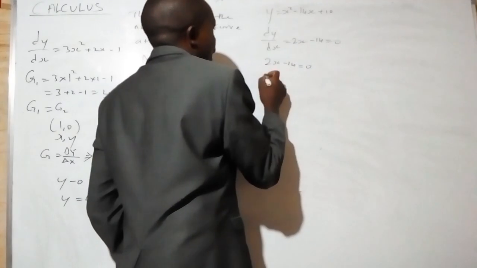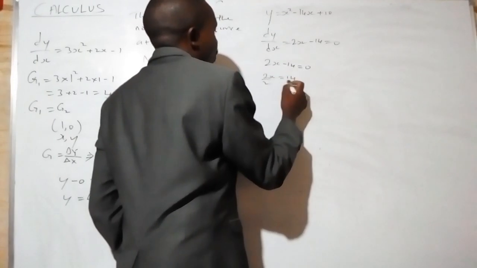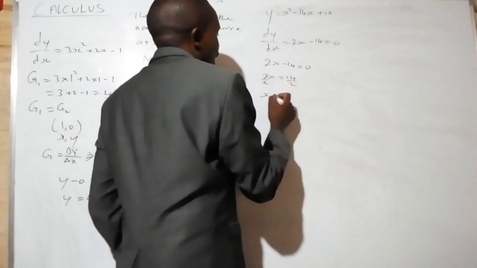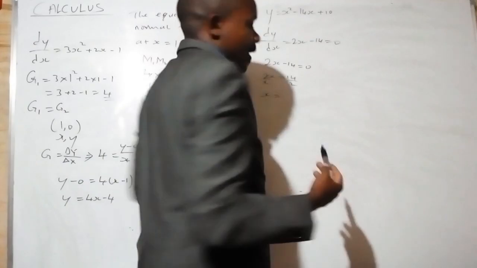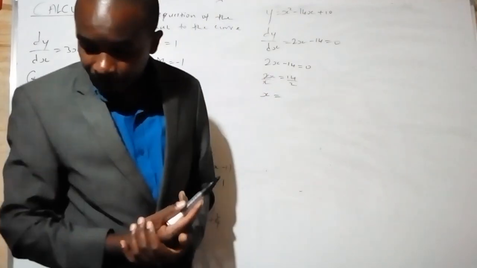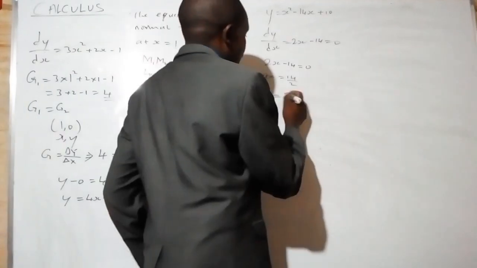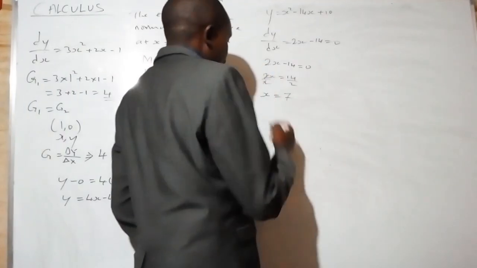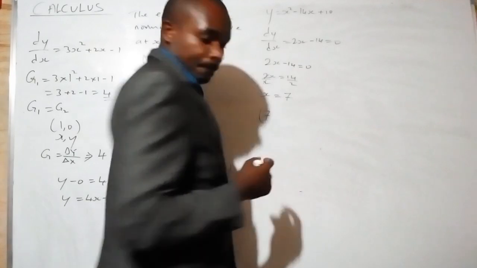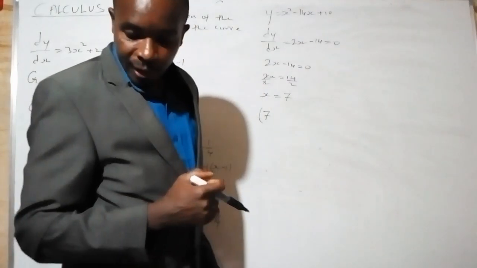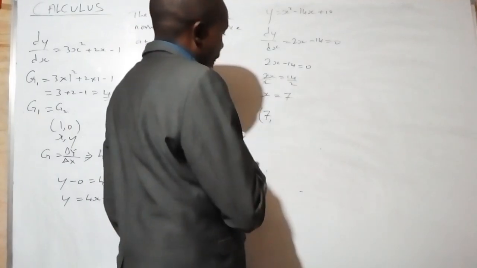2x is equal to 14. Divide by 2 both sides, and x is equal to 14 divided by 2, it's 7. One of the coordinates of the turning point of the curve is 7. Then you get y.